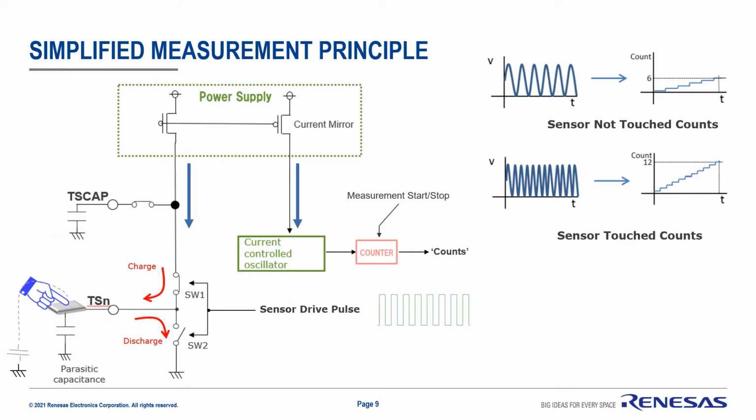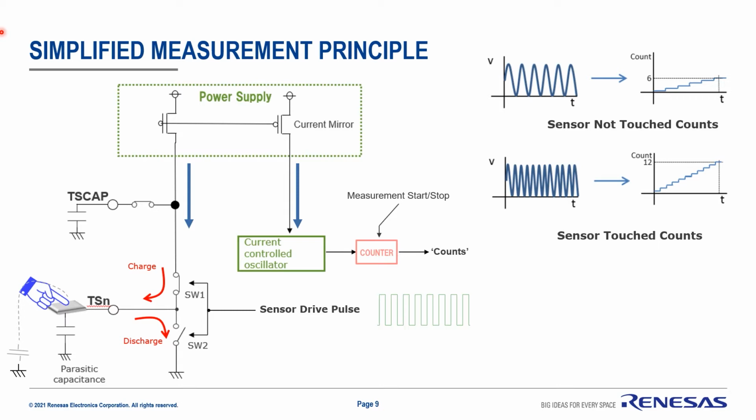How our IP is working. Here is a simple view to explain the concept of our IP. The Renesas Touch IP is based on current to frequency conversion to measure the change in capacitance. Here it's a very simplified model, but it will show you the fundamentals of the operations.